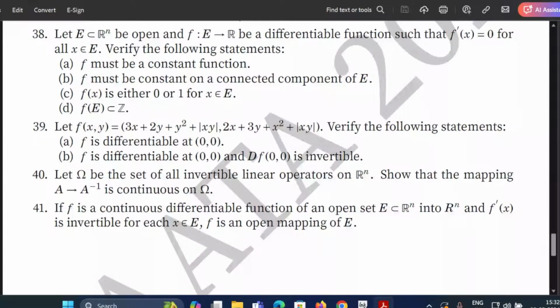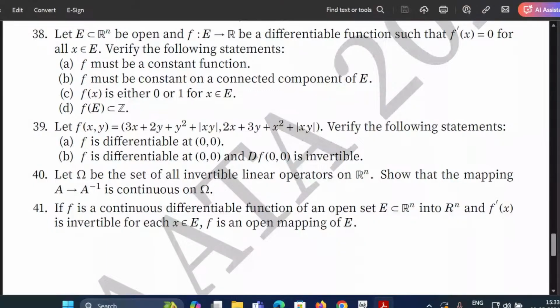Okay. You also think about whether it is true or not. But if you are saying so, you have to write it down so that everyone can see. If f is constant on a connected component, then we can say that this result is possible.